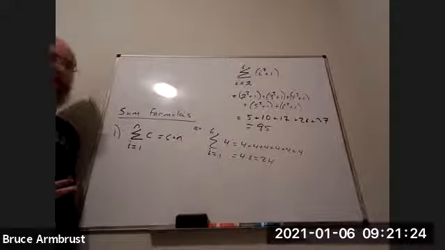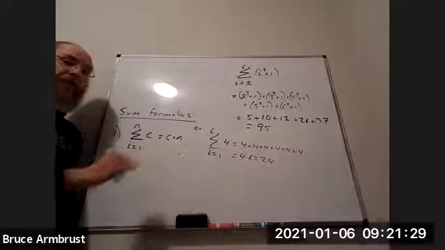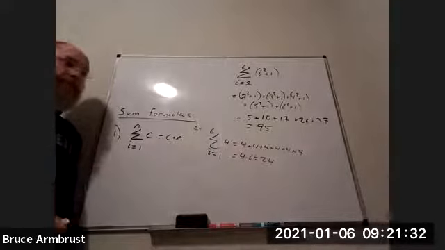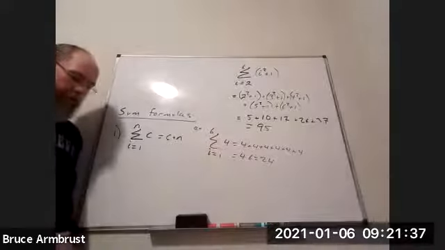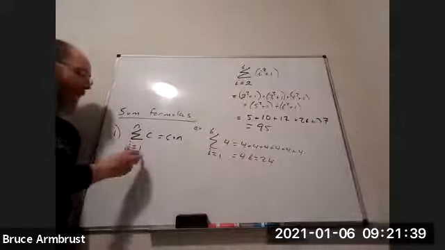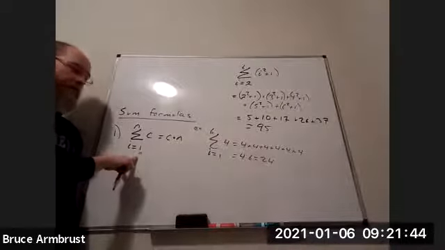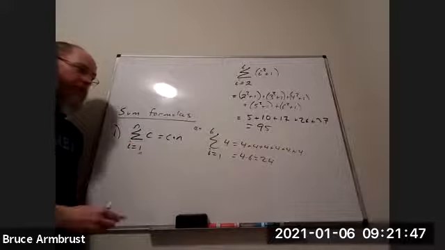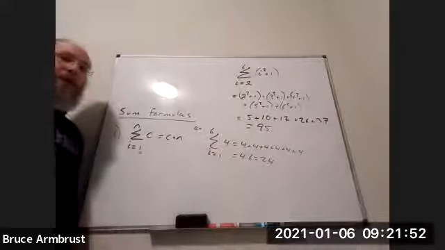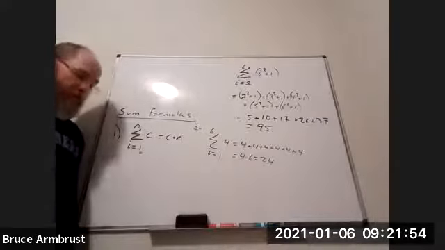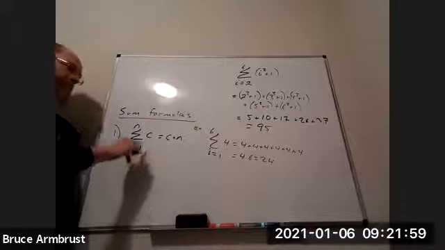It's really easy to get a value quickly using this formula. If you ever have a constant that you're adding repeatedly, you just multiply it by however many you have. But make sure you realize that this starts at i equals 1. If you start somewhere else, you don't get this number. If this had been i equals 2 to 6, we would have only gotten 20 instead of 24, because there were only 5 terms. So just watch your starting value. But if you start at 1, it's really easy.